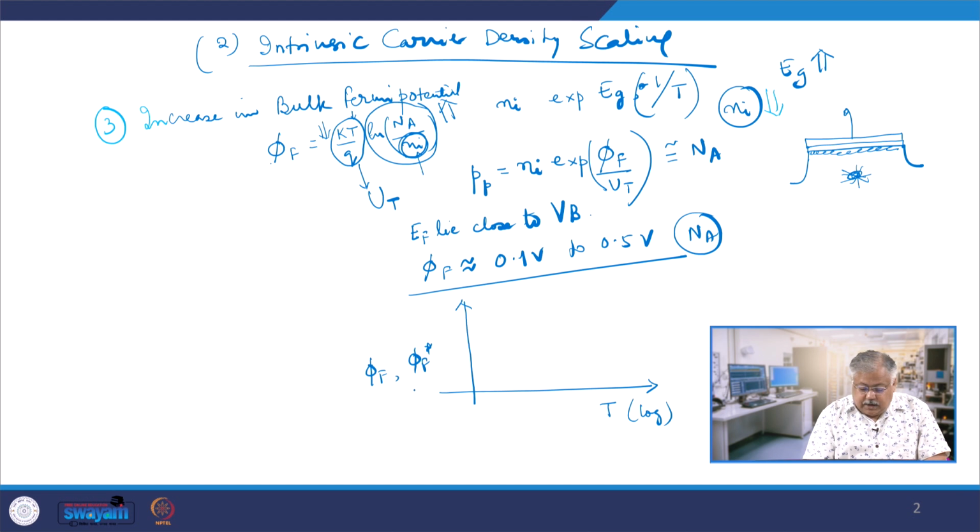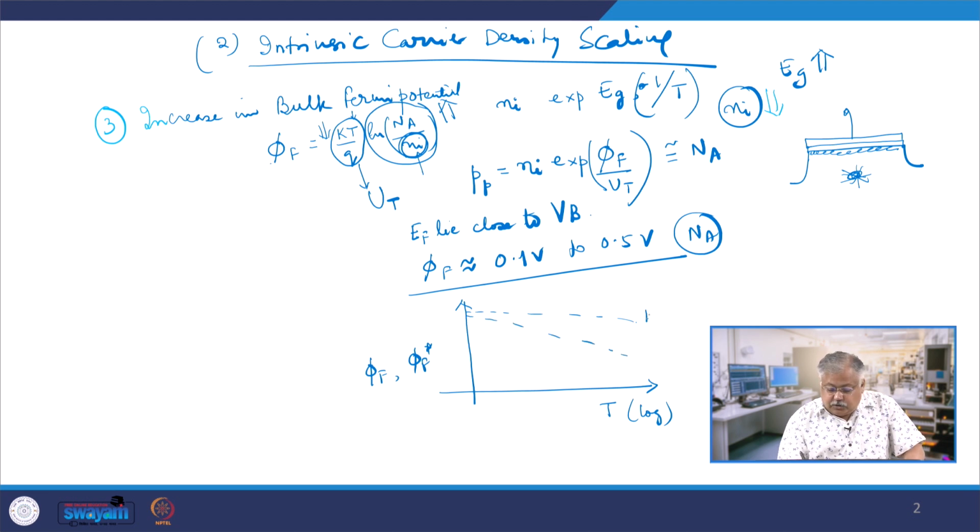Now if you look at the dashed lines and solid lines, you will see that as the acceptor ion concentration becomes larger and larger, the change in phi f becomes smaller and smaller.